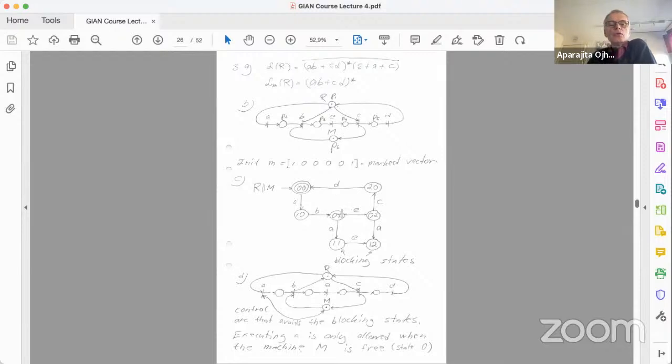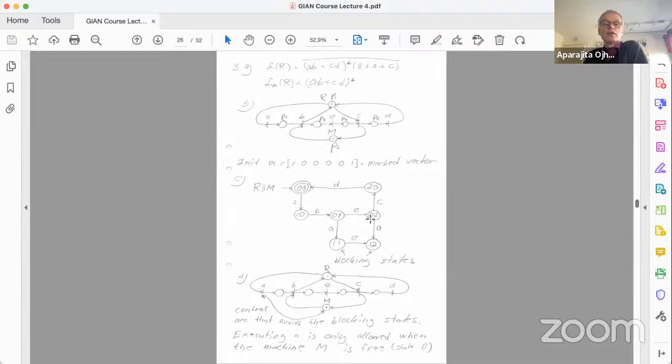But then the machine can take an E, which we can consider as an operation within the machine. And after that, we are in this state 0, 2.